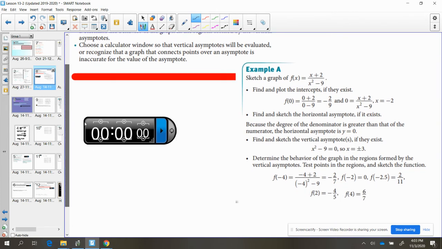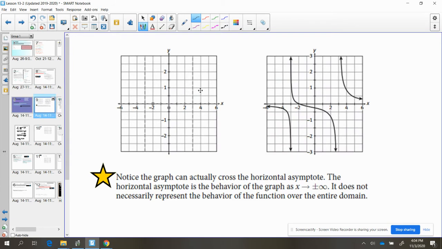testing some intervals. So notice here in the graph sample that they gave, they found the y-intercept. They found the 0 by setting the numerator equal to 0. There was only 1. They found the 2 vertical asymptotes. And then in the picture, which you'll see on your graph here at the bottom of page 172, they plotted those points, and from there they tested a point on each of these 3 regions to see, okay, where would my graph be below the x-axis or above the x-axis?